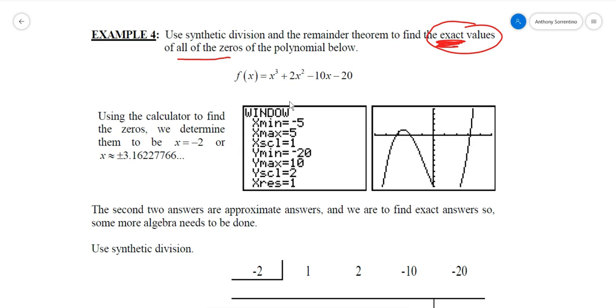So what you're seeing here is a graph of y equals x cubed plus 2x squared minus 10x minus 20. And you can see what the settings were for us to see what we have here.